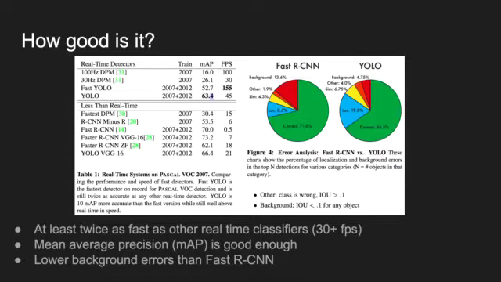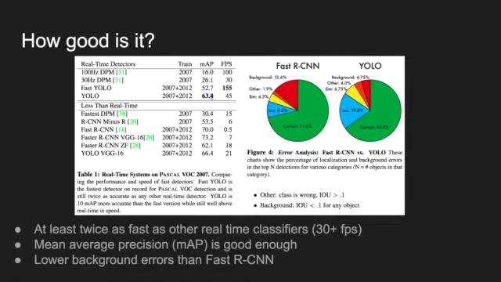So fast YOLO had poorer accuracy, 52%, but it was running at 155 frames per second, which is more than double the performance of the 30 Hertz DPM model, while running 5 times as fast.